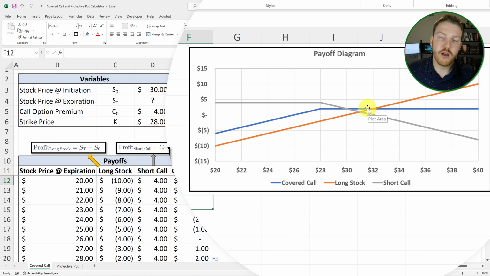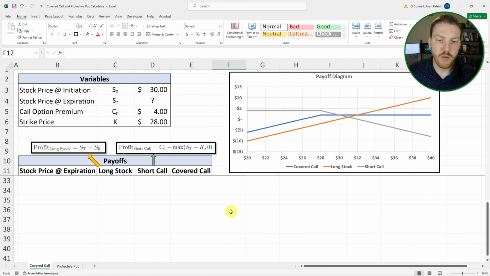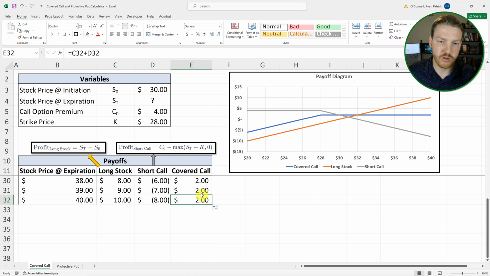What this blue payoff line is telling me is that in all the events where the price is below $32, I'm better off having sold that call short. I end up with more money. And I'm particularly profitable anywhere above 28. Anything above 28, I'm basically up $2 in all of those circumstances.